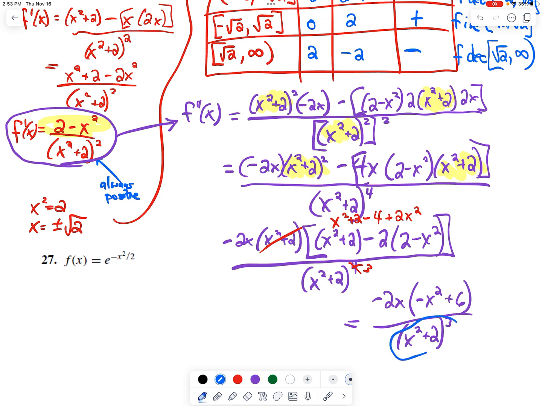Whoa. This thing here, always positive. That's always positive. So, let's see.